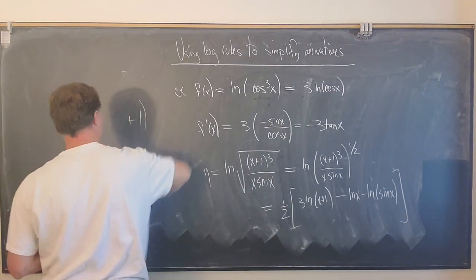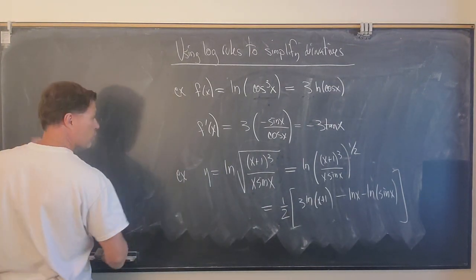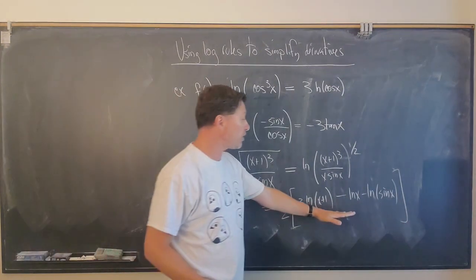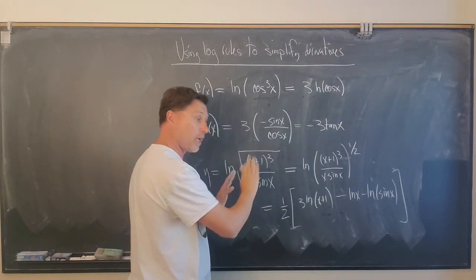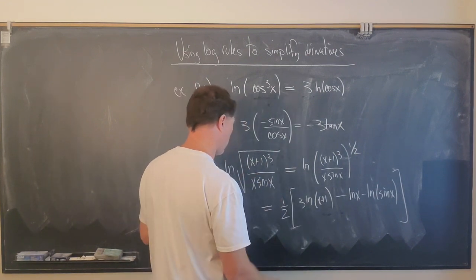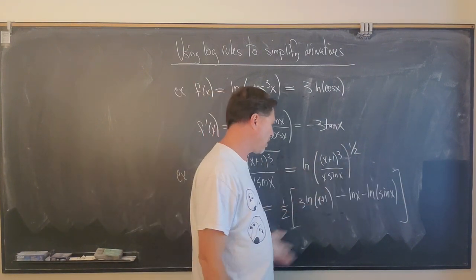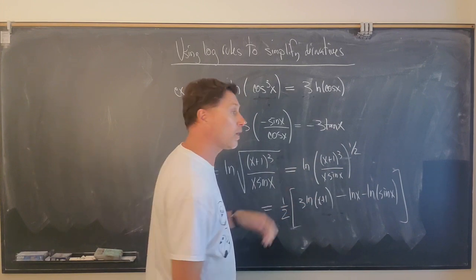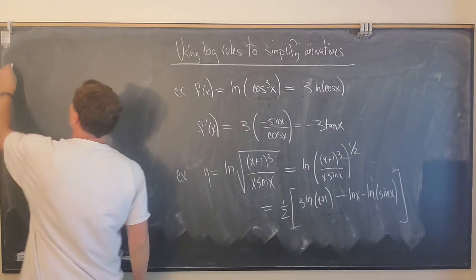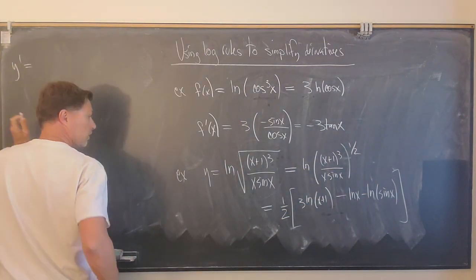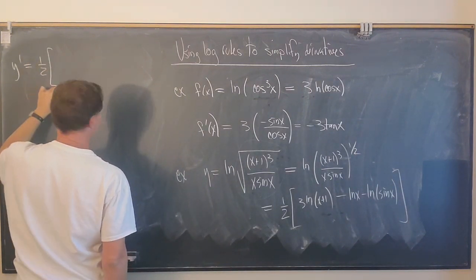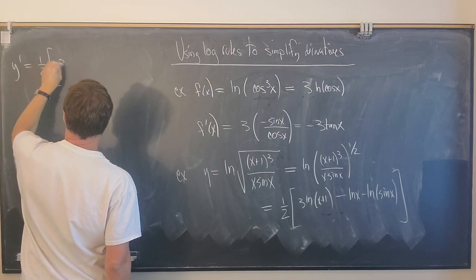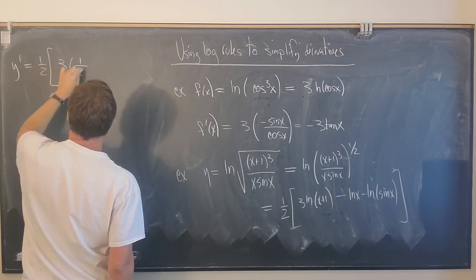Now I'm going to compute y prime. And trust me, this derivative is much easier to compute than if I would have done it directly by just applying chain rules and quotient rules and product rules, right? Notice here I've eliminated all use of product rules and quotient rules. And so now y prime equals 1/2 times 3 times 1 over x plus 1.